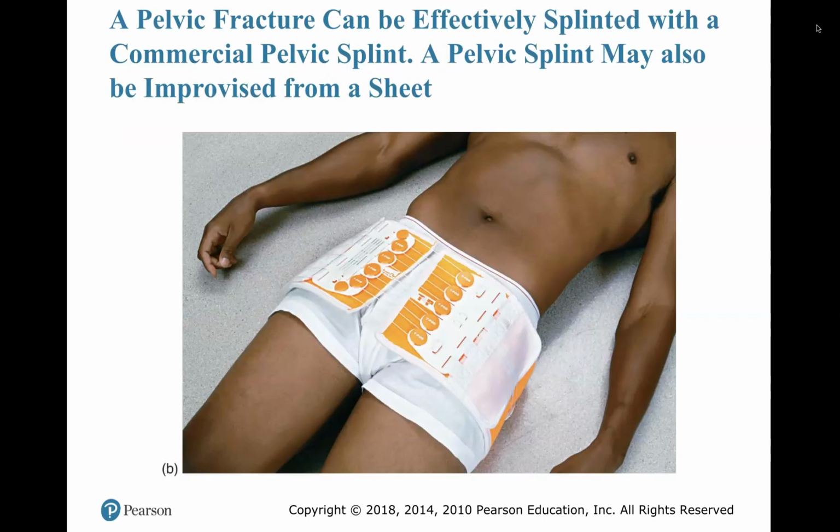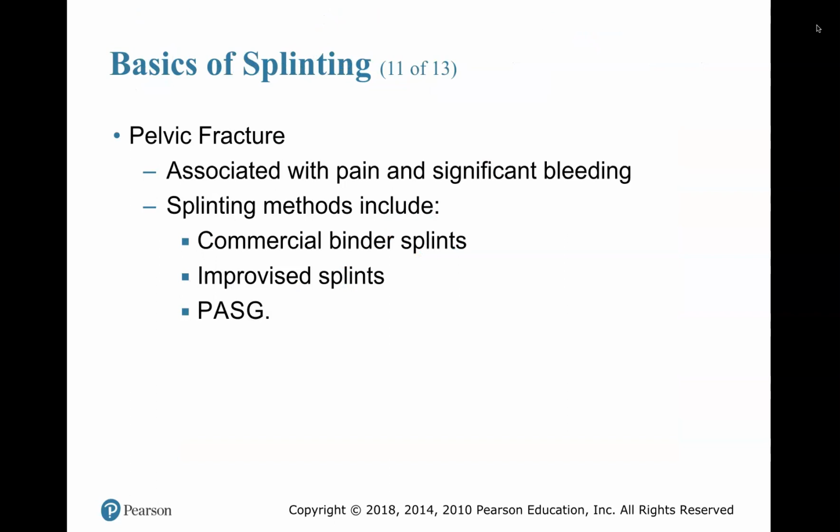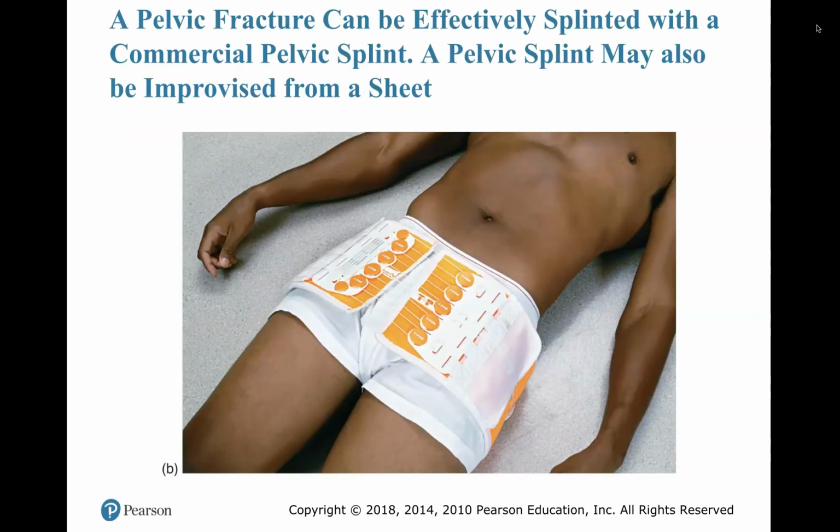Okay, so there's a commercial pelvic splint. You can tighten that once you wrap it around the pelvic region. PASG is a pneumatic anti-shock garment, which you can use to splint the pelvis.